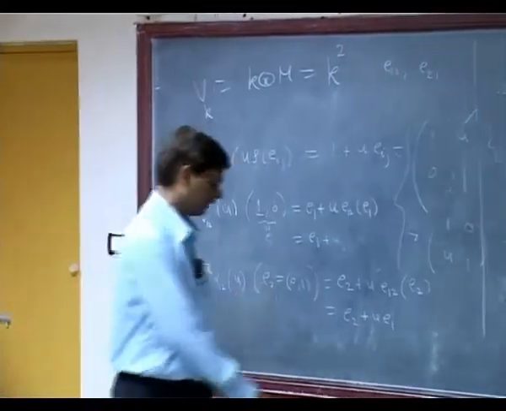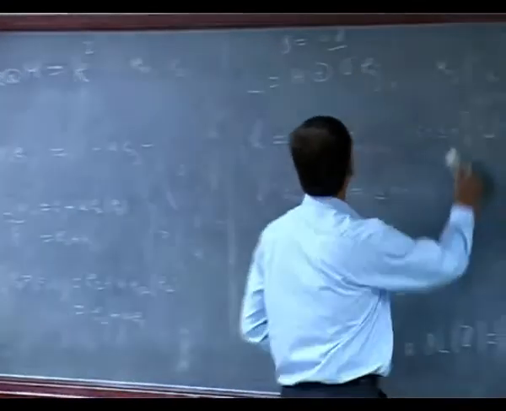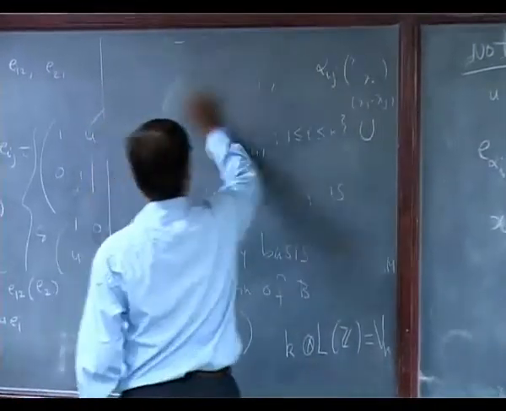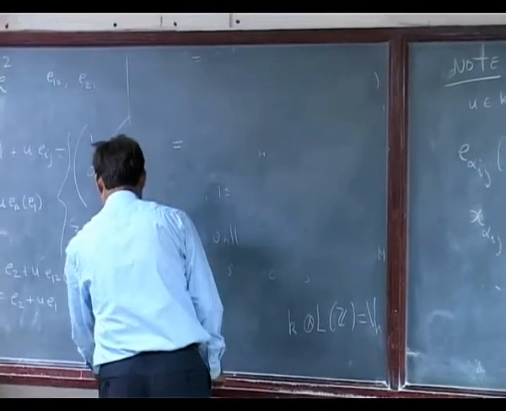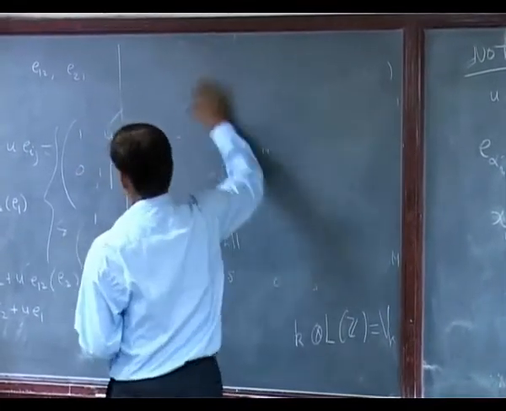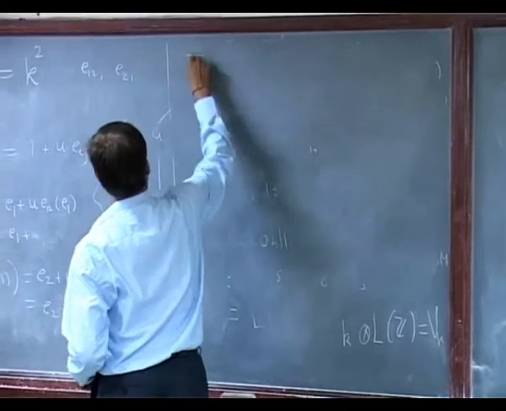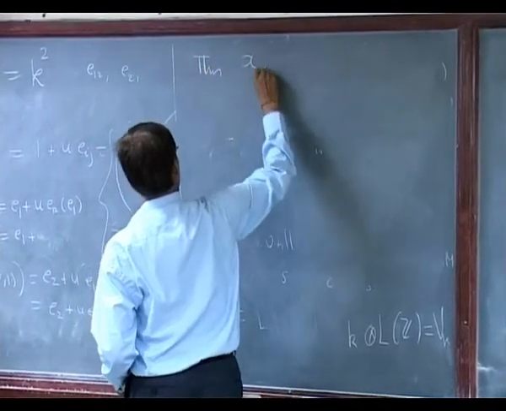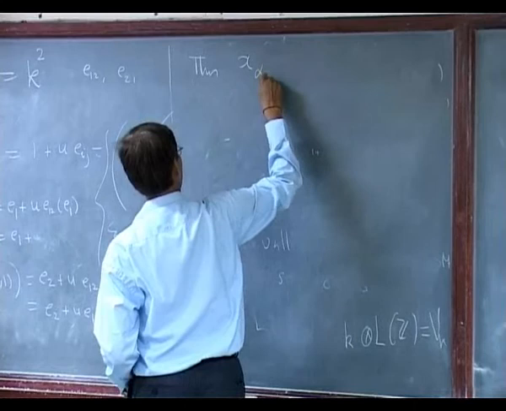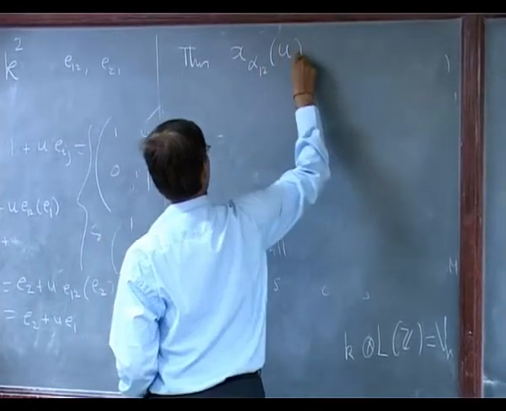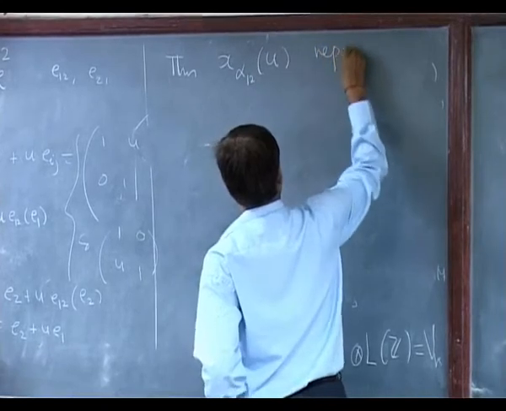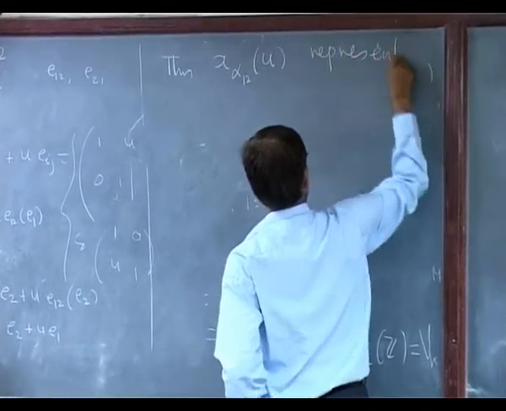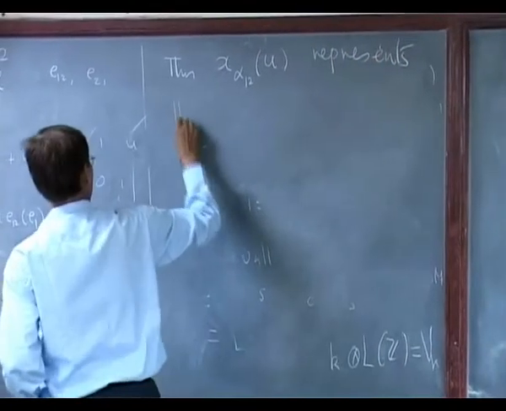So, therefore, x alpha 1 2 of u represents the transformation, the automorphism.